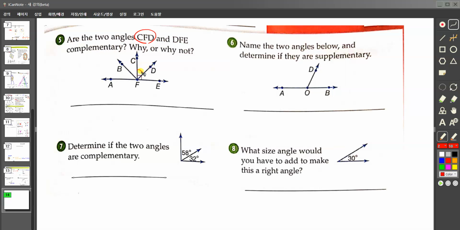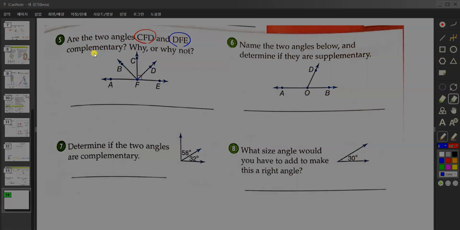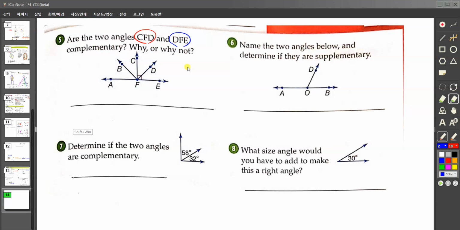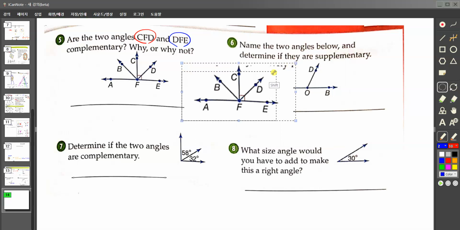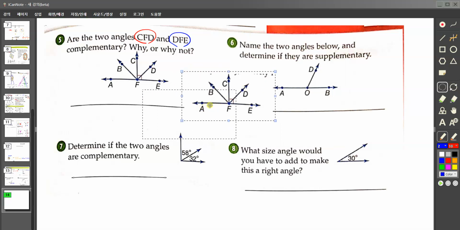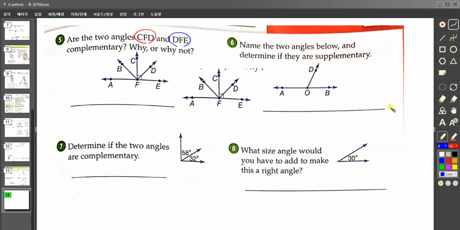CFD means here, and DFE means here. I should have done this first, sorry. Can you see the small symbol that means 90 degrees? Right here, the square.